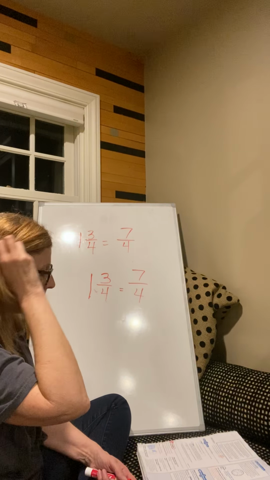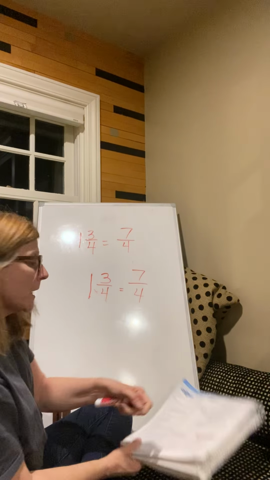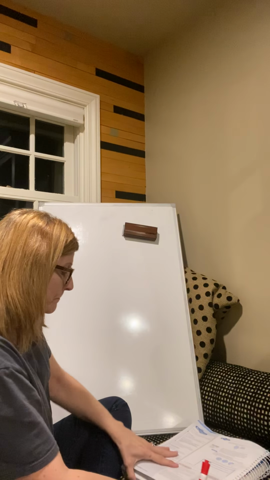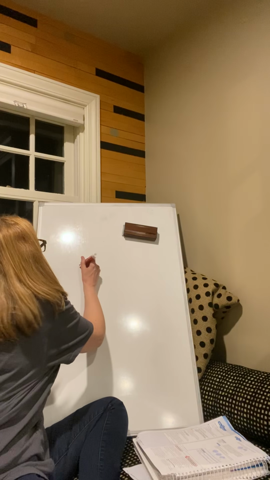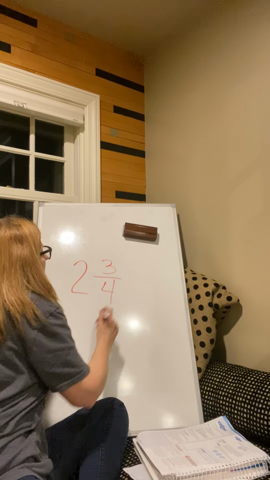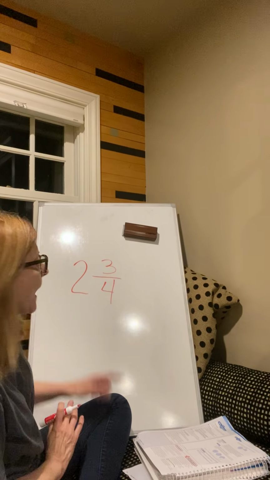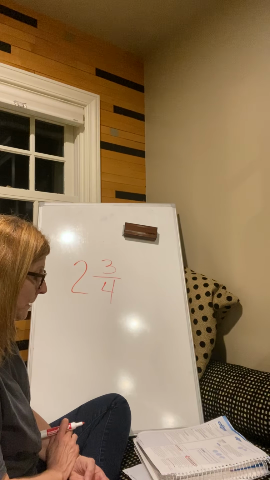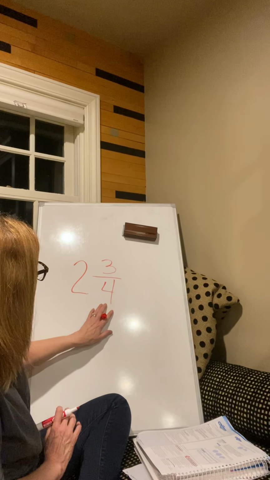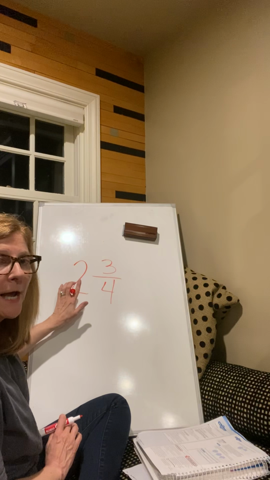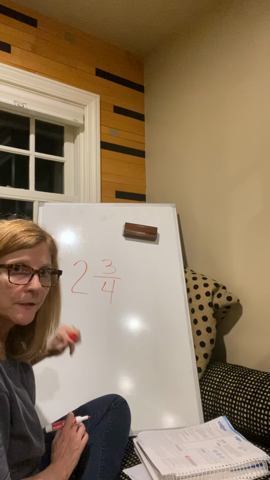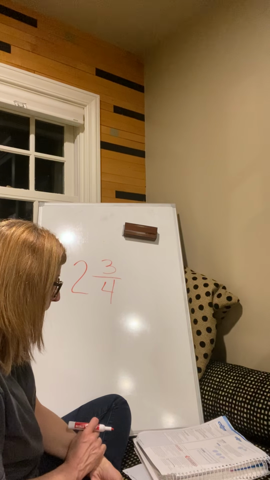Well, let's take a look at it. I think it's simpler if we go back to this problem, 2 3/4. What are we saying about this problem? How many fourths do we have? We have 2 wholes.